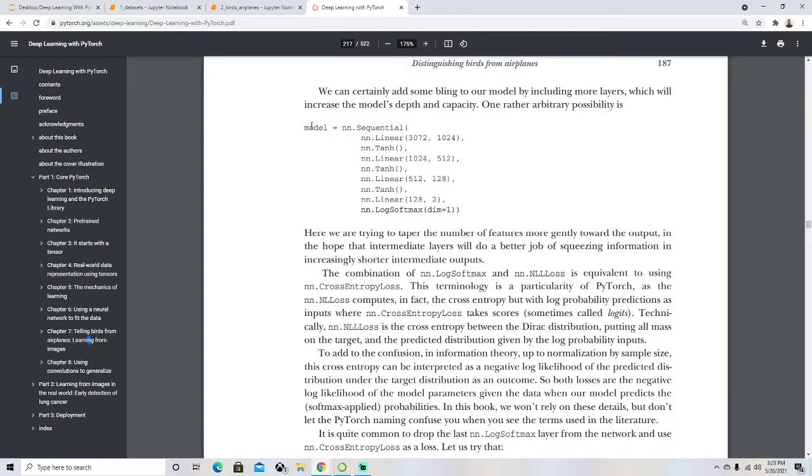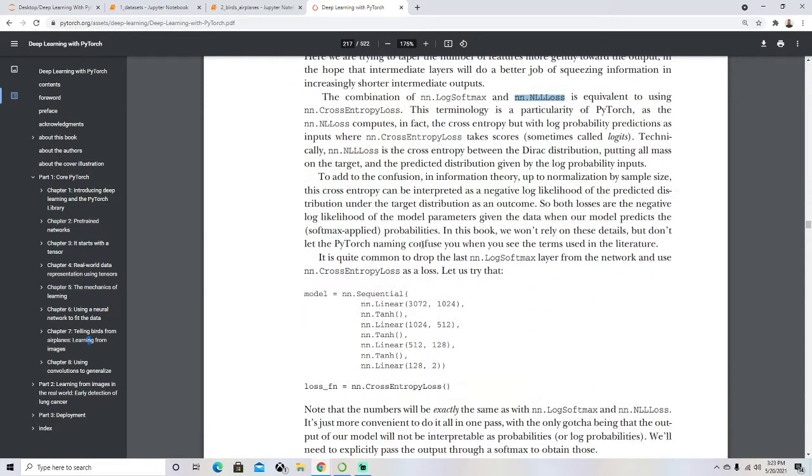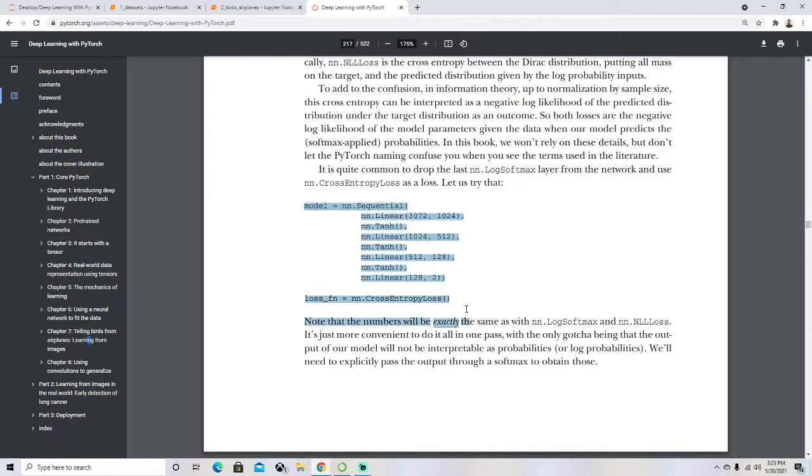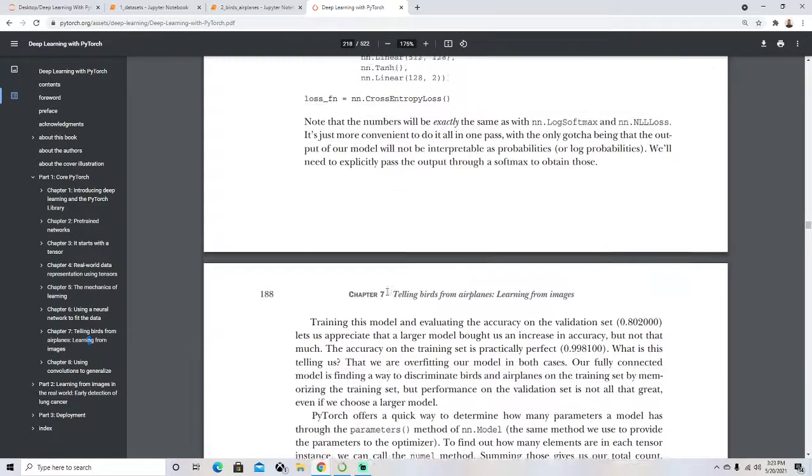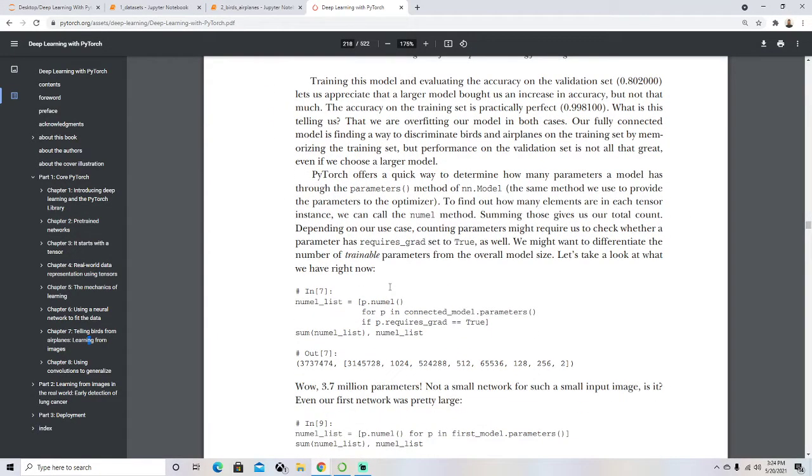This combined with this loss function is the equivalent of this code here. So there is no log softmax here. It's fine however you want to type it in, but in this way you only need this line. For this one you would need this line and then another line detailing the loss function that is going to be used.